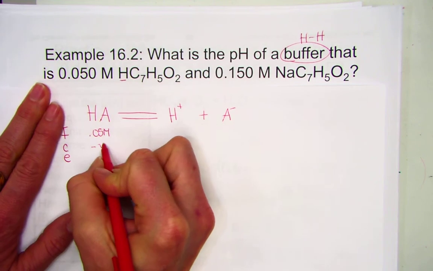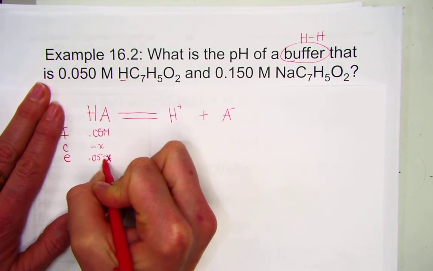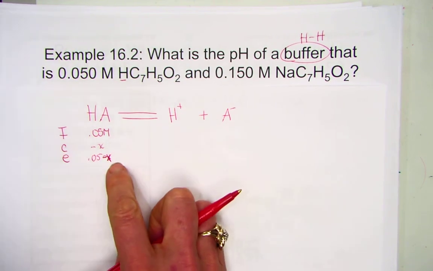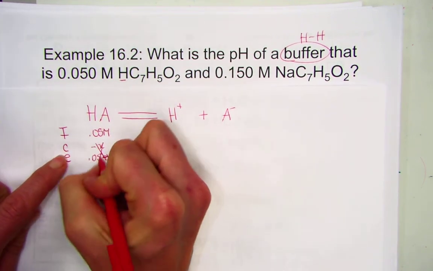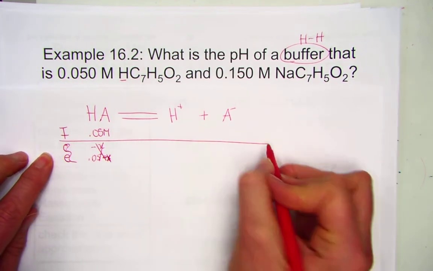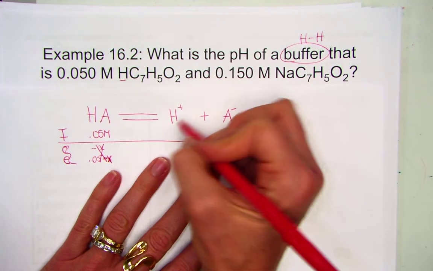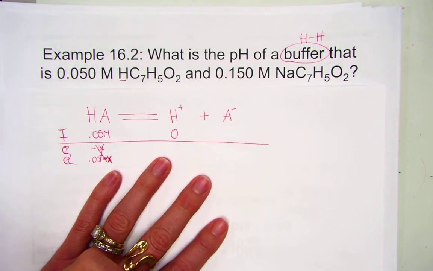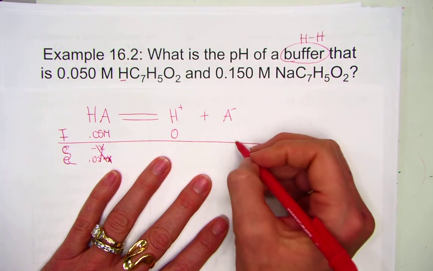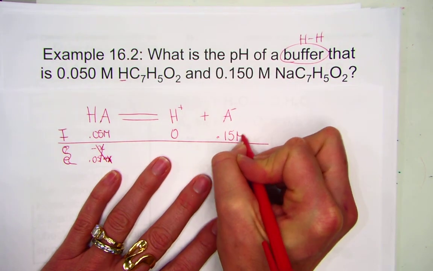We're tossing out the fact that it dissociates at all because it does so insignificantly that this part becomes irrelevant for Henderson-Hasselbalch. So just think of this as a straight ICE chart, but only row 1. The initial amount of the acid, relatively small, 0, and the base itself is coming from the source of this, the salt, 0.15 molar.